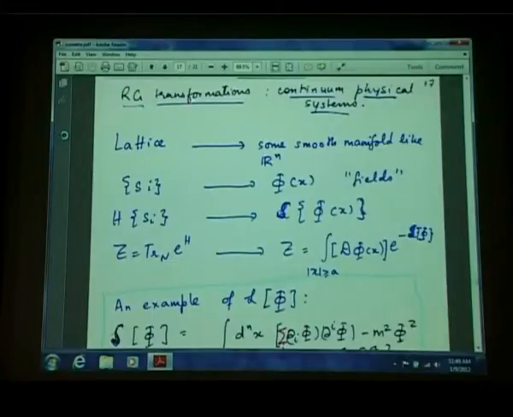Now you can also do RG transformations for continuum physical systems. Your lattice will now be replaced by R^n or some other smooth manifold, and your variables Si will now be replaced by functions, or more generally vector fields, tensor fields, etc., which are all defined on that smooth manifold. That function h of Si is now replaced by a functional of those fields, okay?